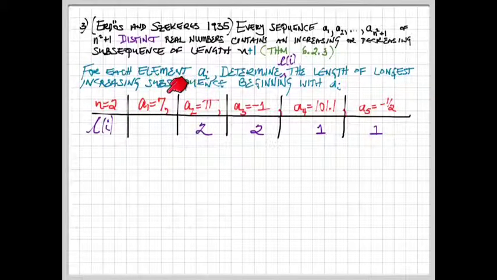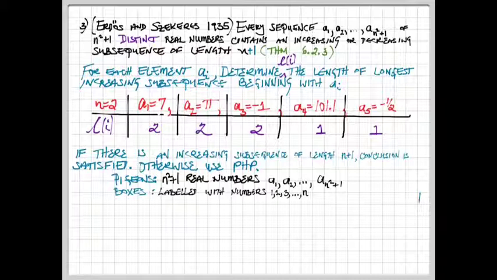And starting at 7, to increase, we have to go to 101.1, and again, I have a subsequence of length 2. So we have our small example here so you understand what's being asked. For each number in the sequence, you're going to label it by the length of the longest increasing subsequence that starts at that number.